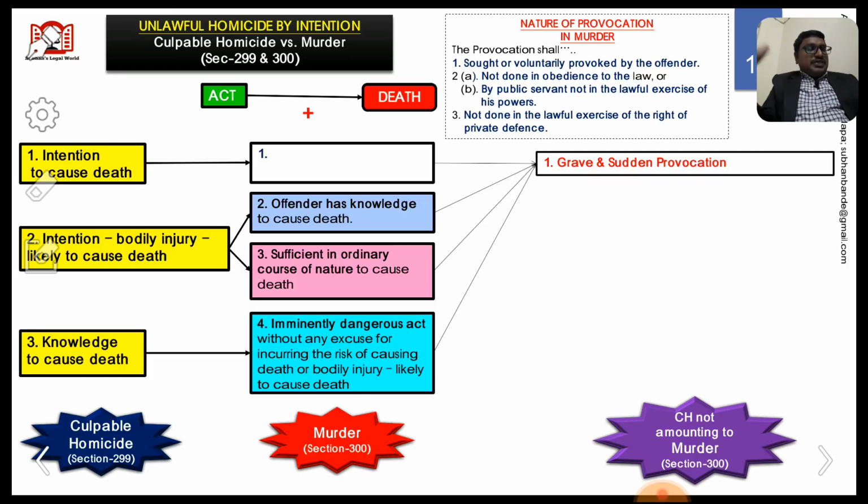The first exception differentiates a culpable homicide amounting to murder from a culpable homicide not amounting to murder.